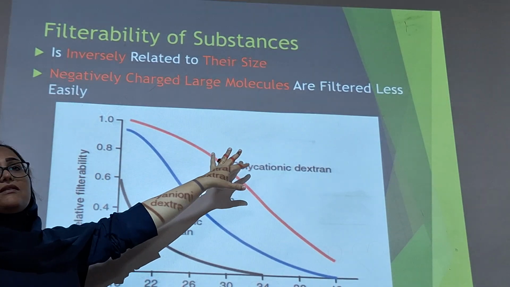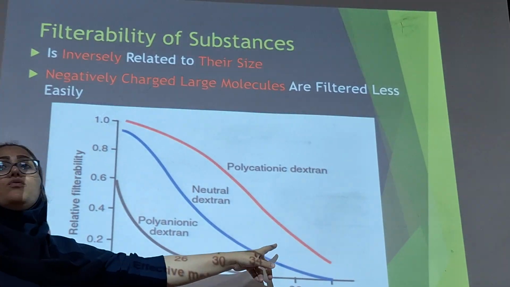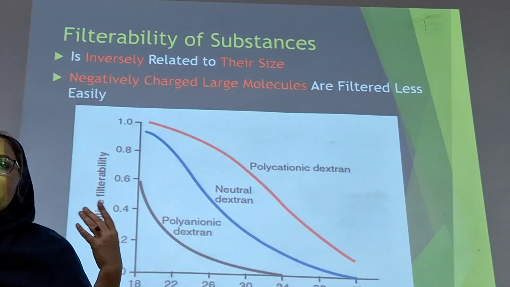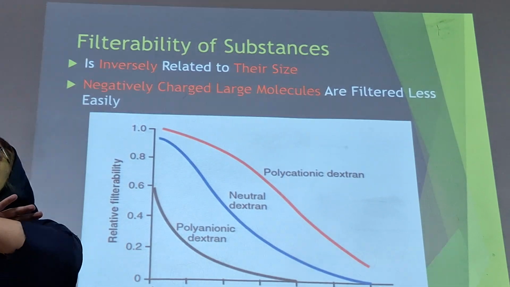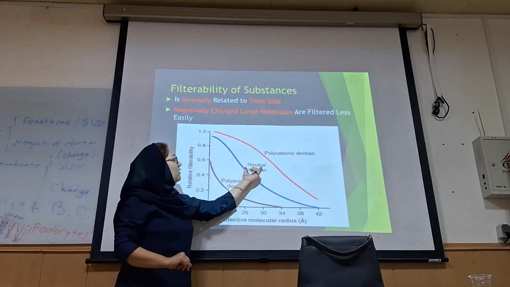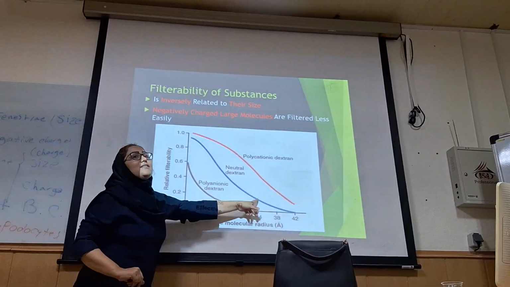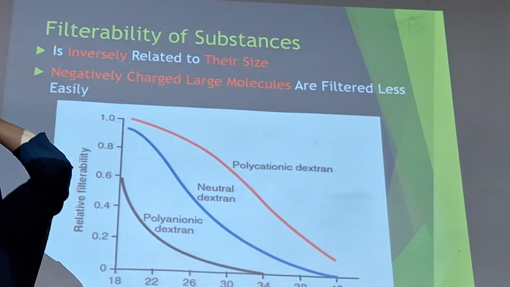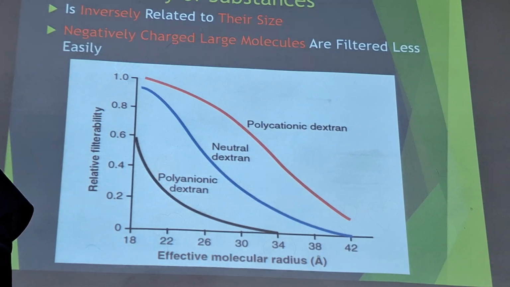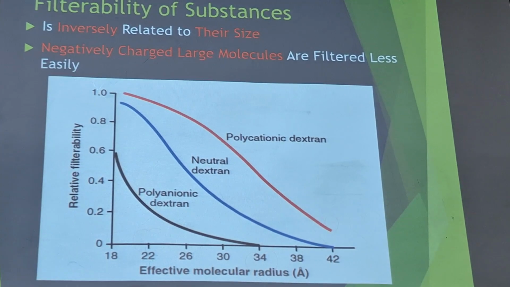Regarding this figure, the blue line shows neutral dextran molecules, without any charge. Dextran is a synthetic molecule which is produced in different sizes and different charges.